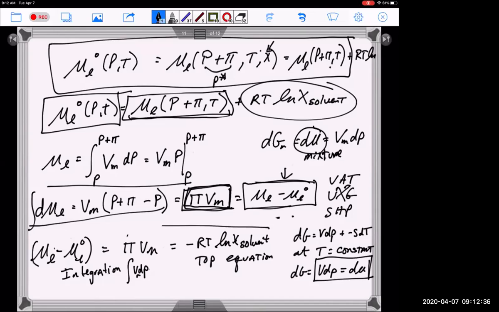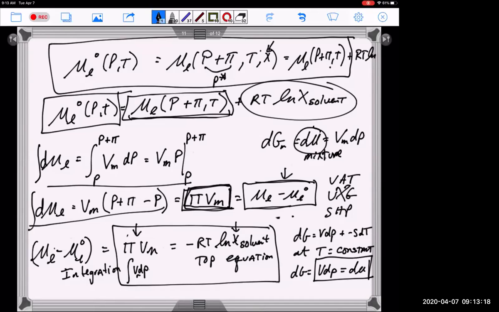So we would have this result from the integration equated to the top term, which is the difference in the chemical potentials also. So we have two different chemical potential expressions, one relating the pressure to the mole fraction of the solvent. I apologize for that. Are there any questions about that? So these are two separate changes of chemical potential expressions? Exactly.